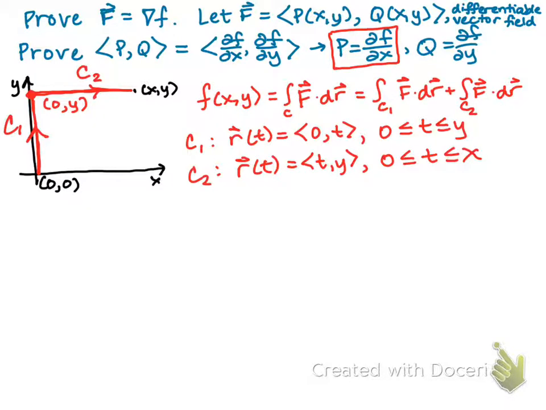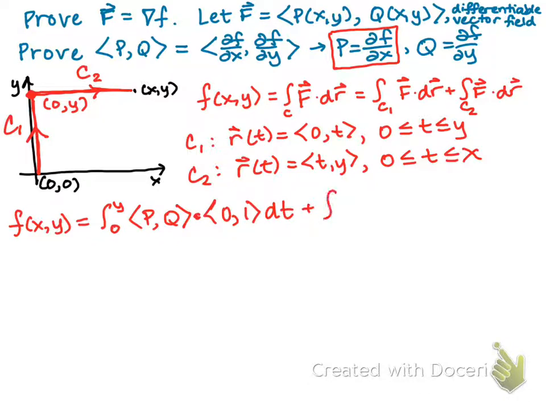So now f of xy equals, for C1, the integral from 0 to y of PQ dot r prime of t, which is (0, 1), plus the second integral for C2, the integral from 0 to x of PQ dot r prime for C2, which is (1, 0).